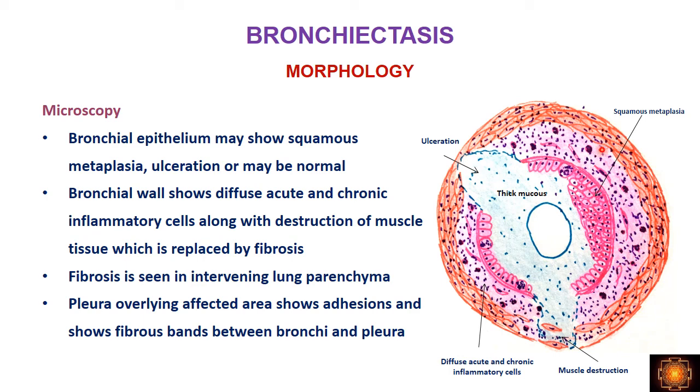In between these dilated bronchi, the lung parenchyma will show fibrosis. Even the pleura overlying this area shows adhesions, and it shows fibrous bands between the bronchi and the pleura. So whenever you are describing the microscopy, you should describe it from the inner surface to the outer side. Describe the changes in the mucosal lining, then the submucosa, then the muscle layer, how it is.